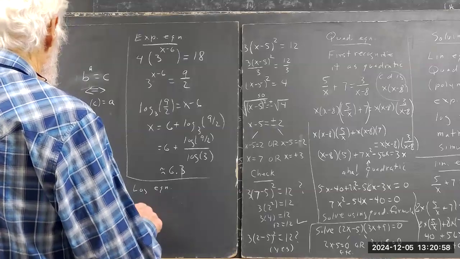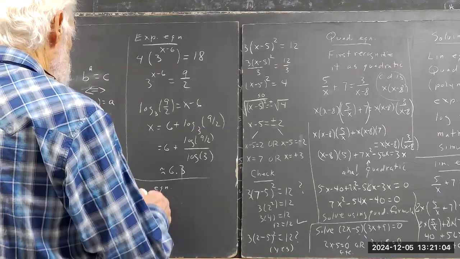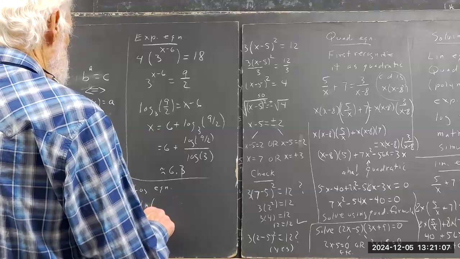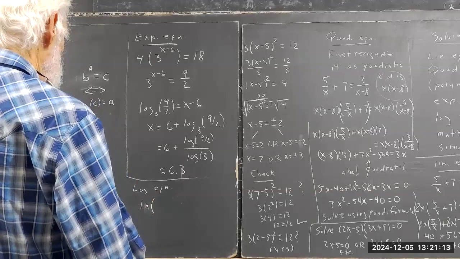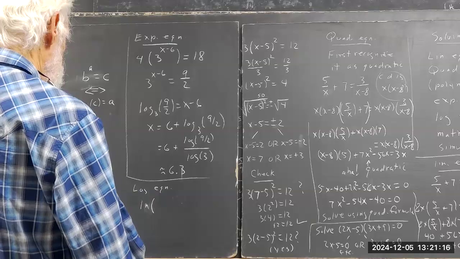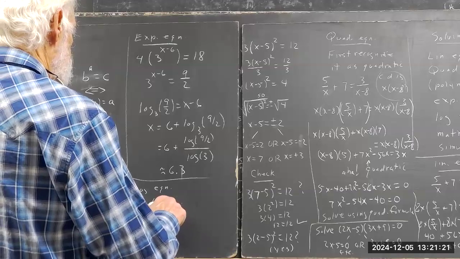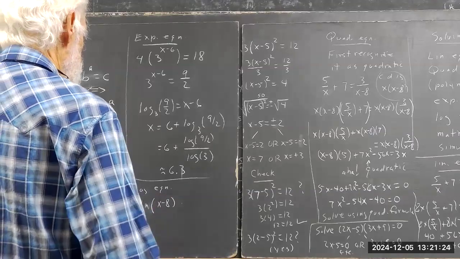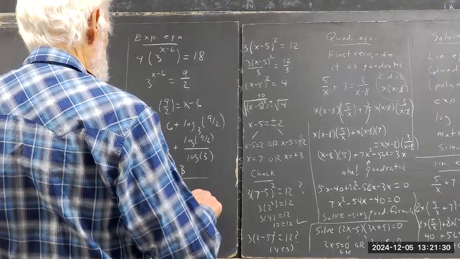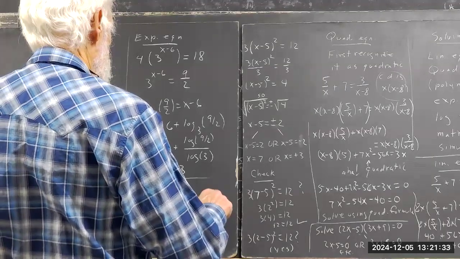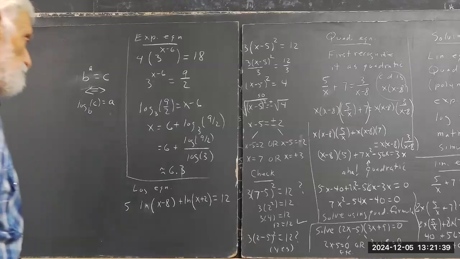Logarithmic equation, like, I'll use a natural log for an example. Natural log of x minus 8, all to the 5th, plus the natural log of x plus 2 equals 12.